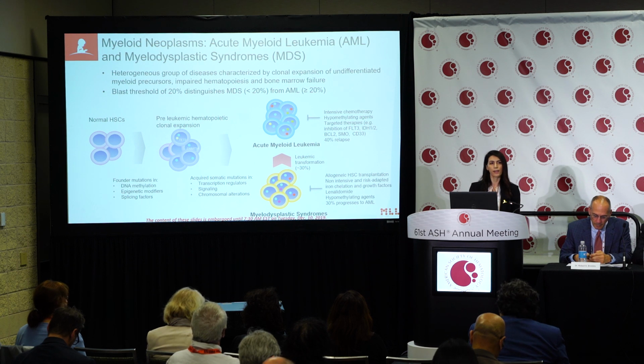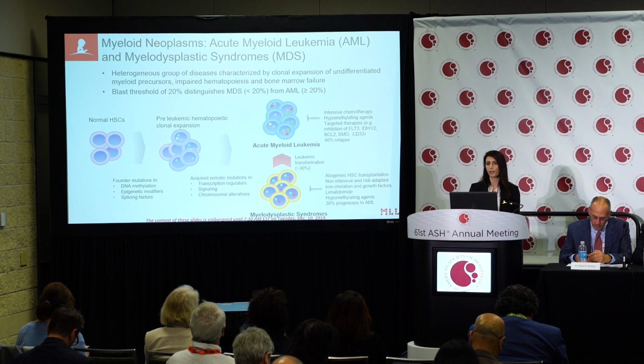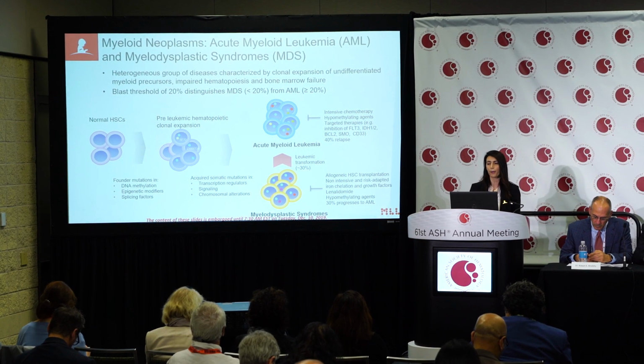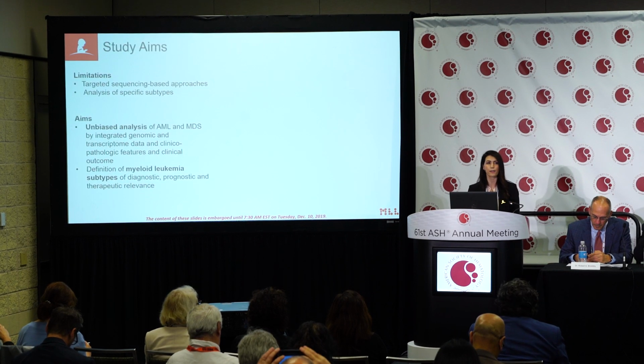In the past decade, intensive sequencing efforts have dramatically improved our understanding of these diseases with the identification of different key driver mutations contributing to the pathogenesis and outcome of AML and MDS.